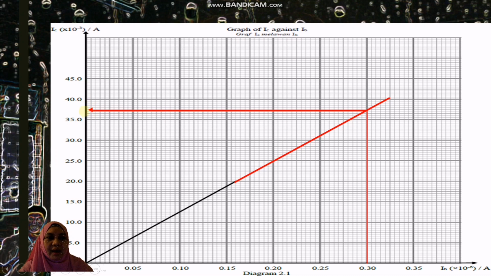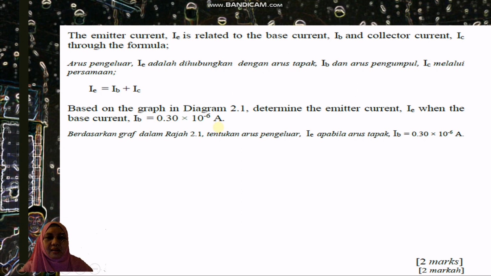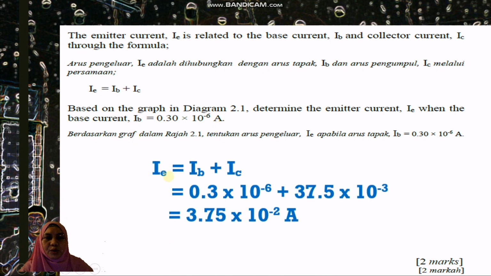So this is the value which shows IC, in which it is 37.5 times 10 to the power of negative 3. So to find IE, we do the substitution for IB and IC. So IE is equal to 3.75 times 10 to the power of negative 2 ampere.